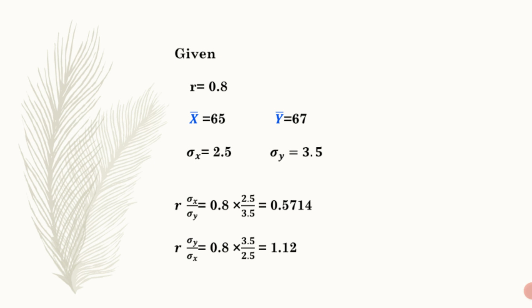Similarly, we find r into sigma y by sigma x: r is 0.8 and sigma y is 3.5 divided by sigma x, 2.5. After simplification, we get 1.12. Now we apply all these values in our regression equations of x on y and y on x.